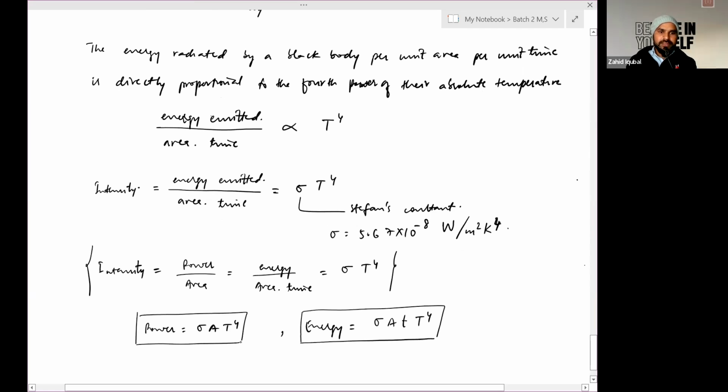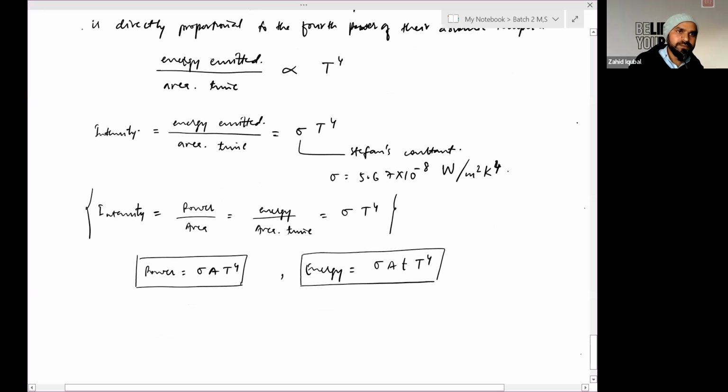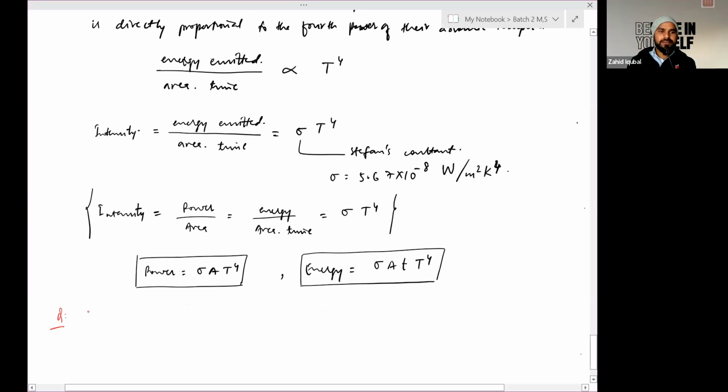So on the basis of this expression, you will be asked questions. Let me define your question. Two black bodies at temperature 27 degrees Celsius and 727 degrees Celsius. Find ratio of their emissive power.